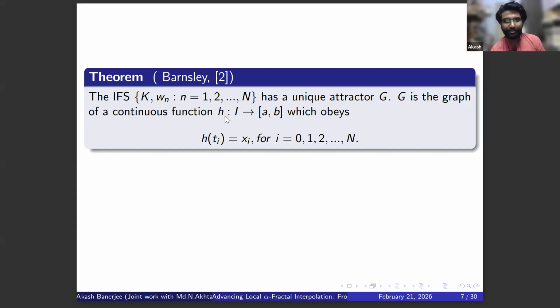H is a continuous function from I to this interval [a, b], such that this h actually interpolates the given data set that we have assumed in the beginning.